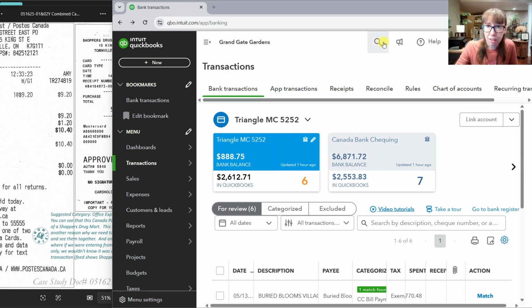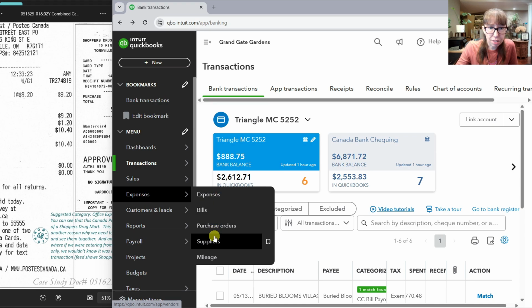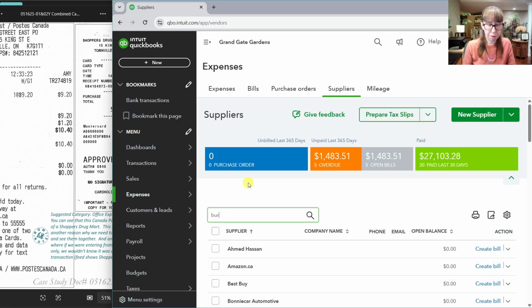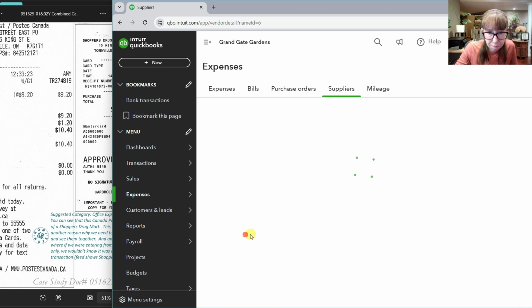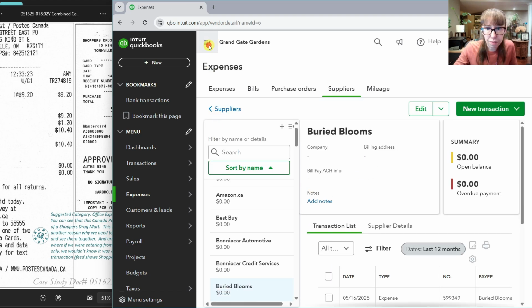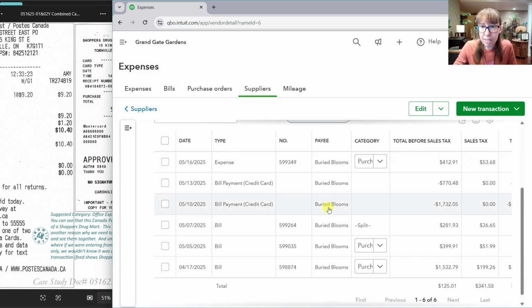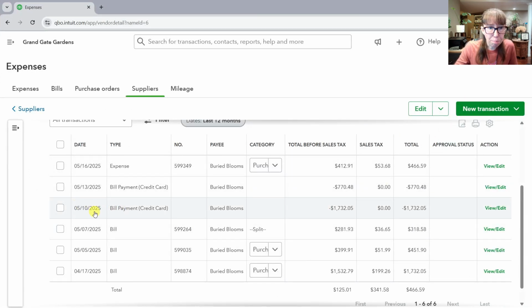So let's take a look at how we have entered the Buried Blooms payment for 598,874. We're going to go to suppliers, and I'm going to pull up Buried Blooms. We can see that we do have a bill payment here on May 10th by credit card for 1732.05.